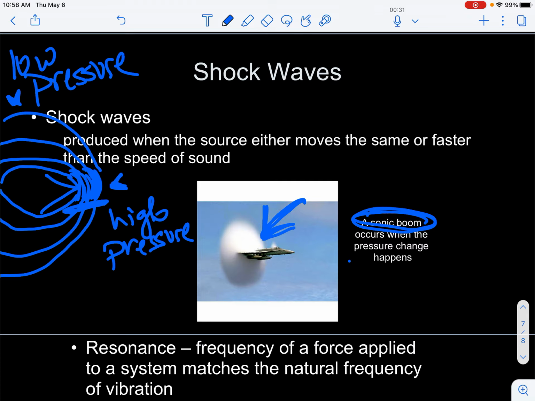All the sonic boom is showing is a sign that the plane is traveling faster than the speed of sound. It doesn't happen right at the exact moment that it surpasses the speed of sound.